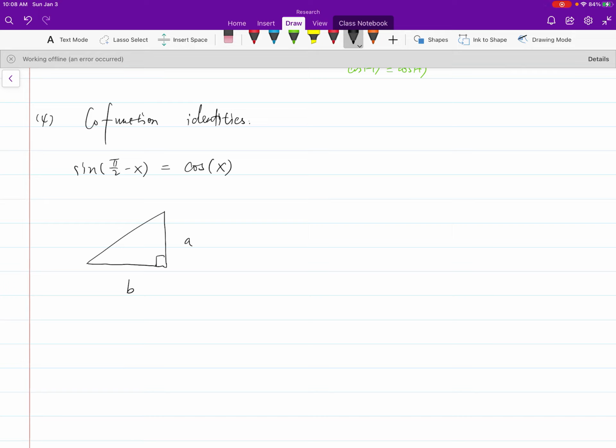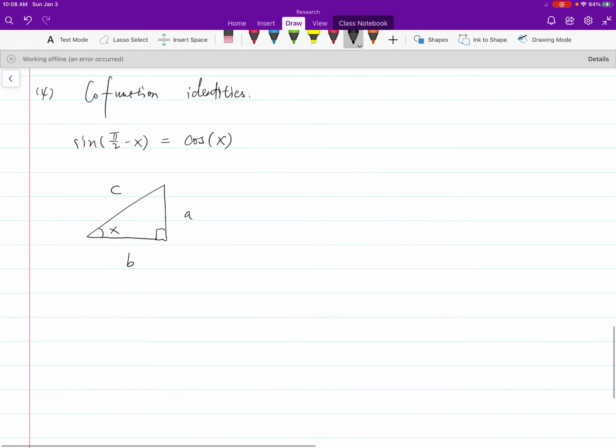Why is this true? We can do it in a brief way using right triangles. In general, you can do it, but for right triangles, I think it's pretty easy. Remember, pi over 2 is 90 degrees. That means if this is x, the other is pi over 2 minus x.